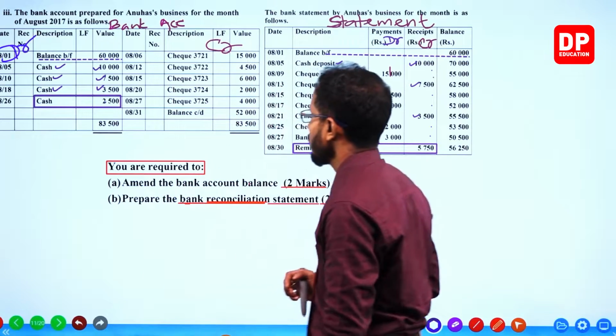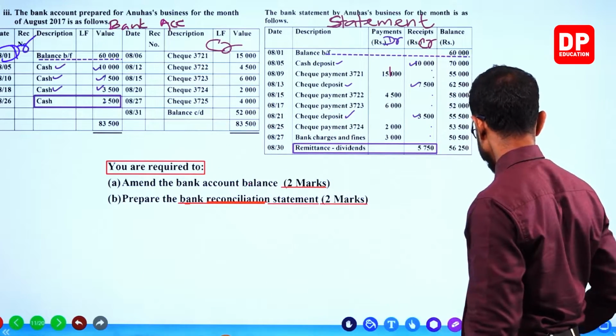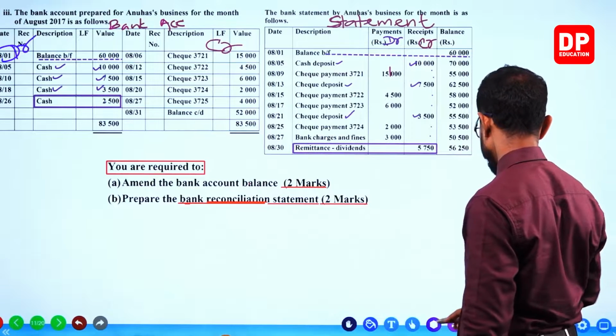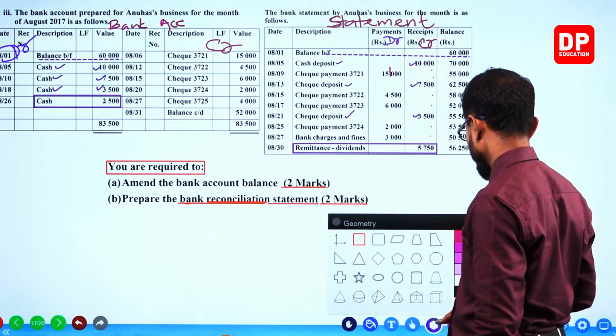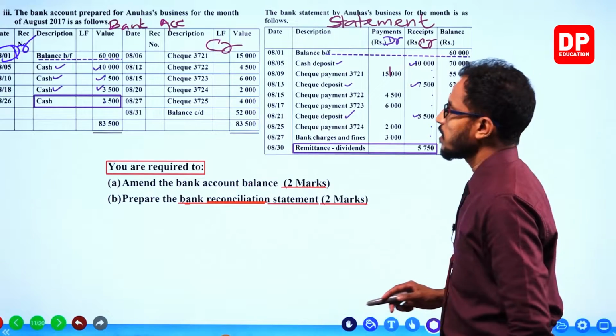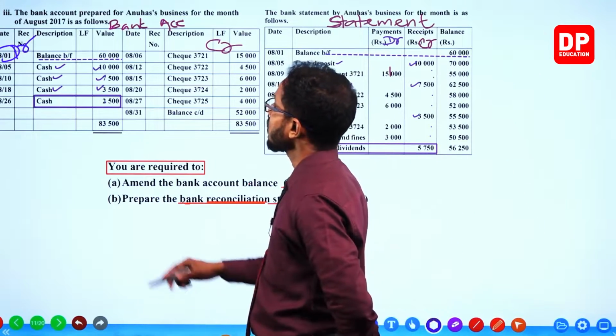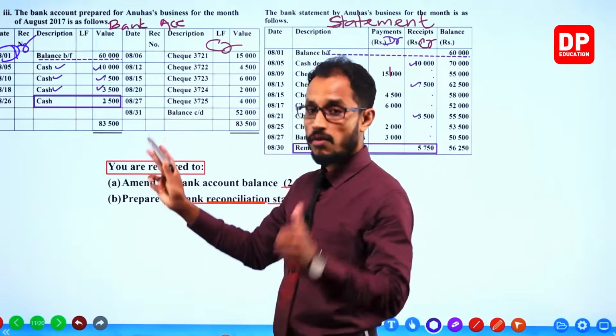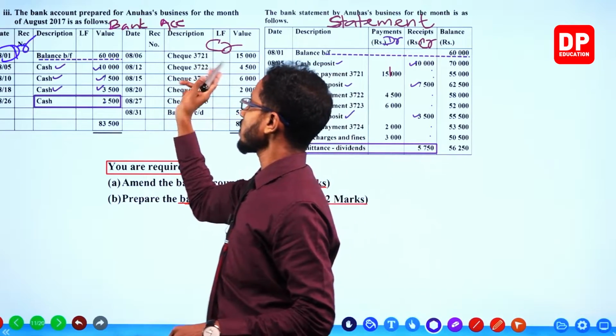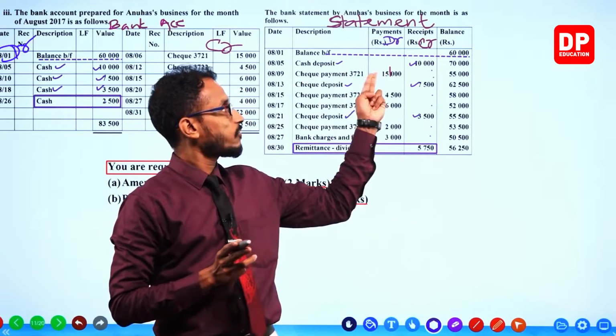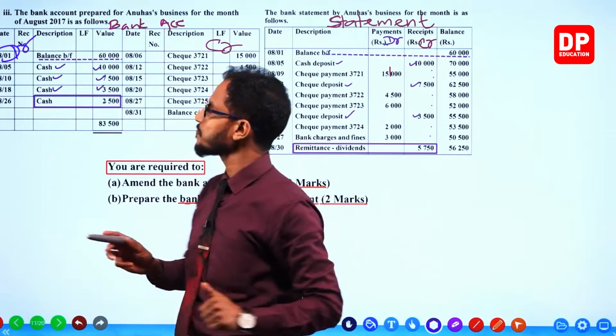Okay, right. Next we have the credit side story. Let's check the credit side. Credit side of our bank account, we are comparing with the debit side of the statement.